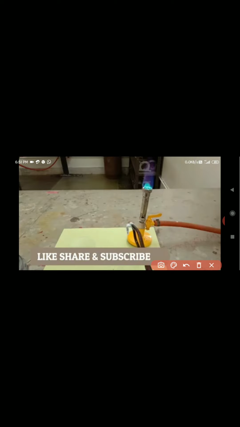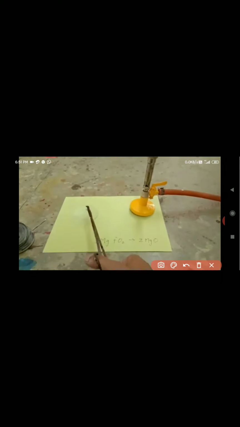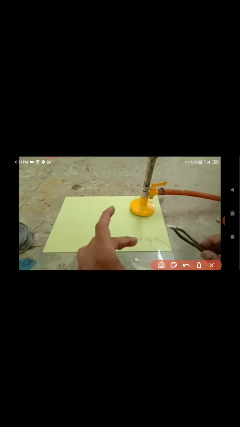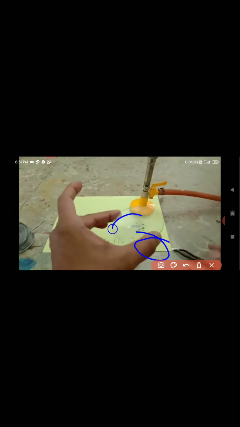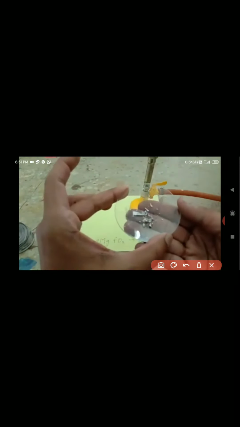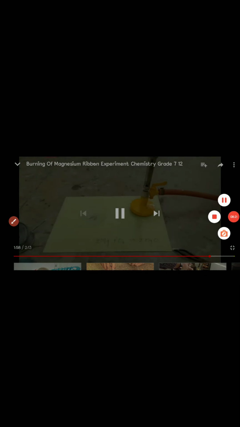After it has completely burnt, the magnesium ribbon has turned into ashes, like a powder. I am going to place the powder in the china dish. The ribbon has turned into ashes like this. So that is what this activity means.